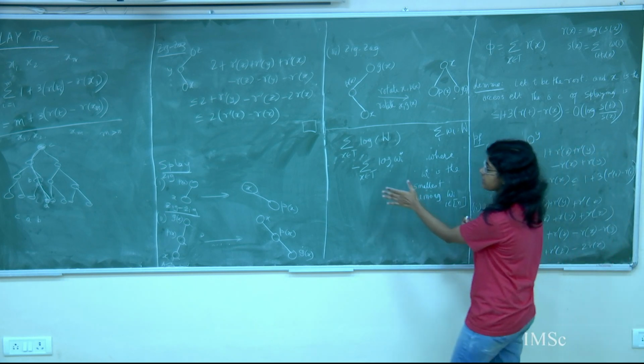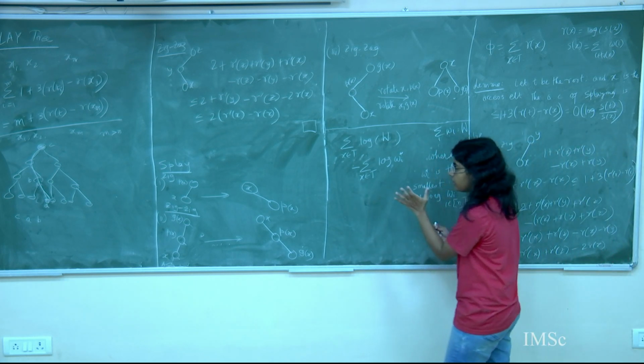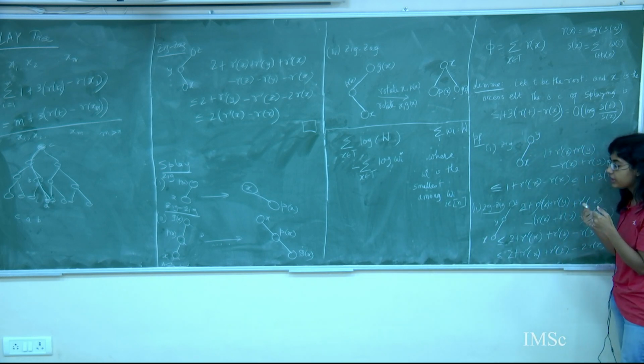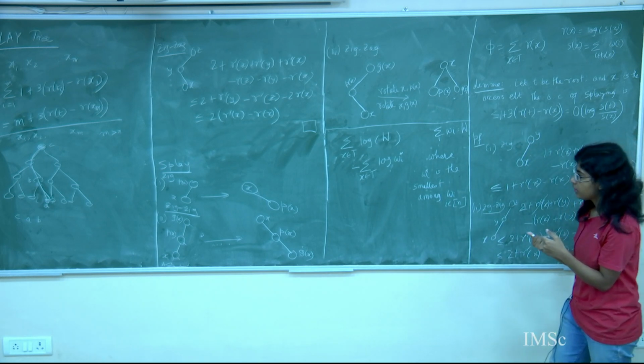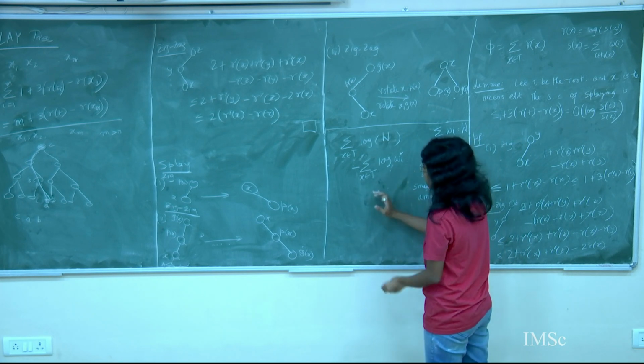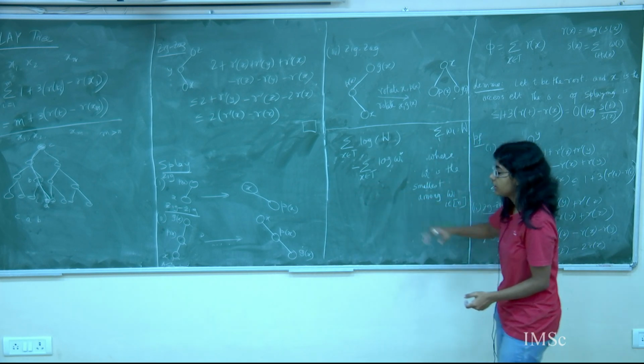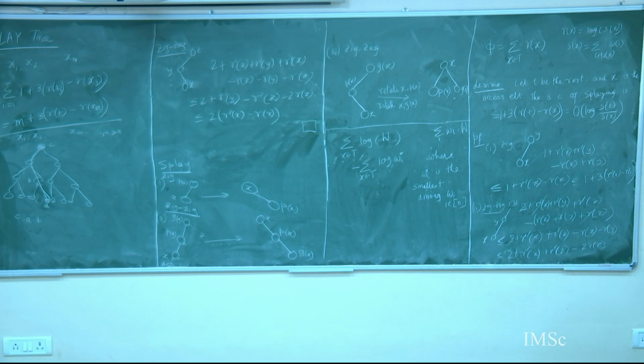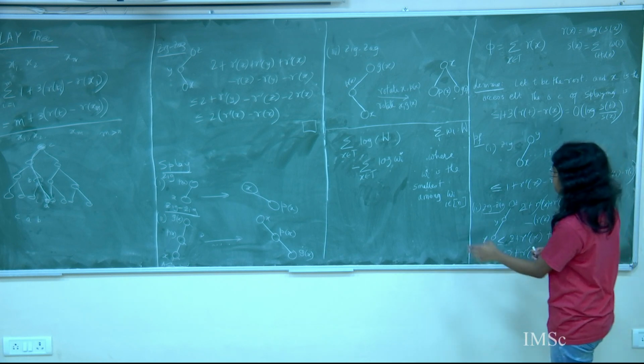So this is an upper bound on the decrease in potential, because at this minimum, that is the negative term you can have in this.